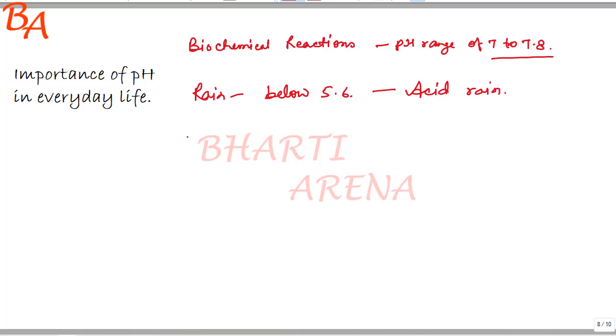When the pH of mouth goes below 5.5, tooth decay starts. So the pH of our mouth should be well above 5.5.